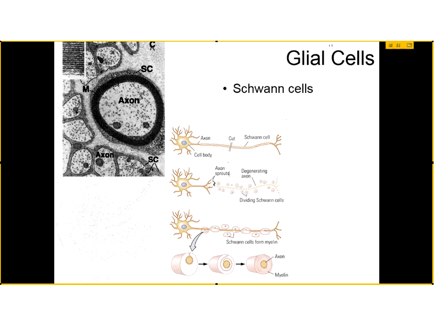And as they divide, because the Schwann cells don't create a non-permissive environment like the oligodendroglial cells, they actually provide chemical growth signals to say, grow in this direction. So the axons of these peripheral nerve cells will start sprouting. They're looking for where they need to go.